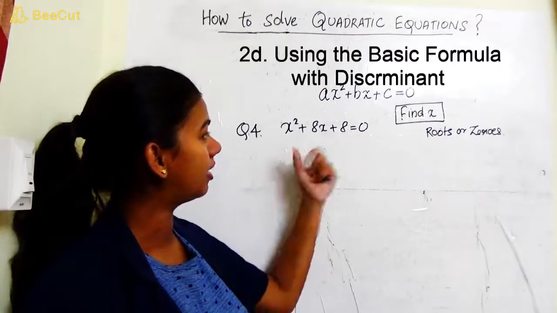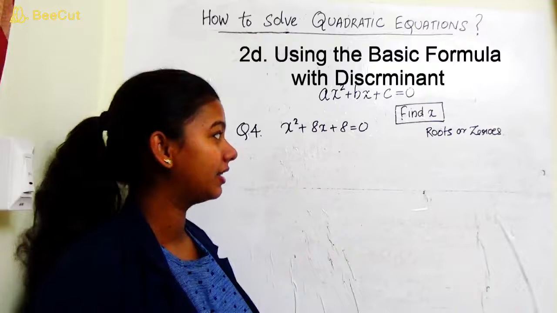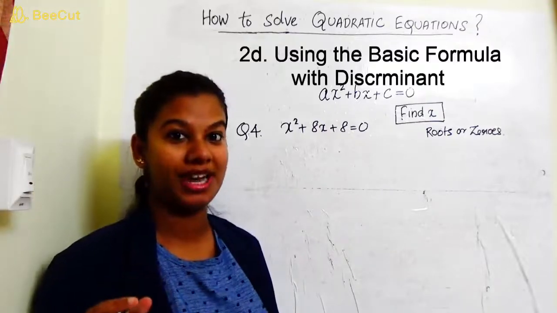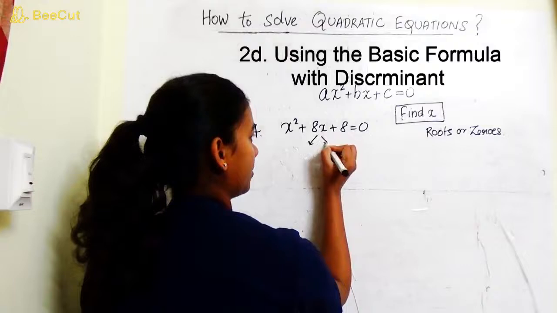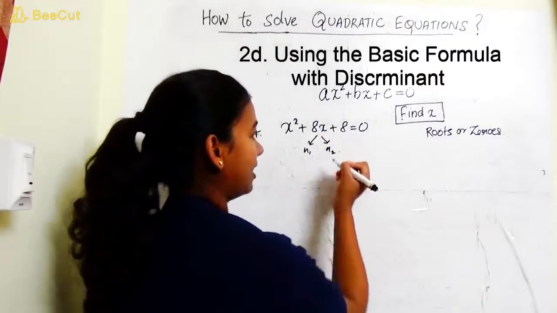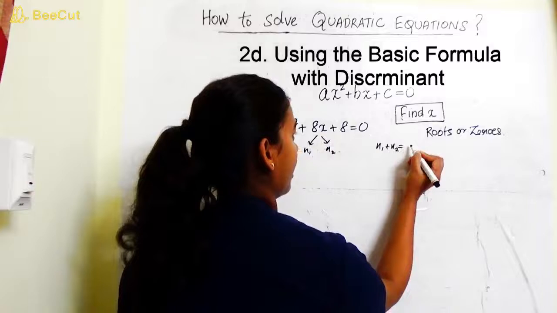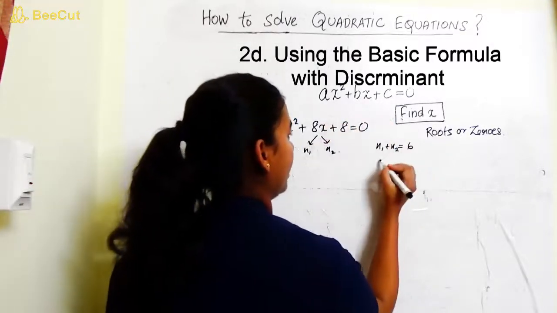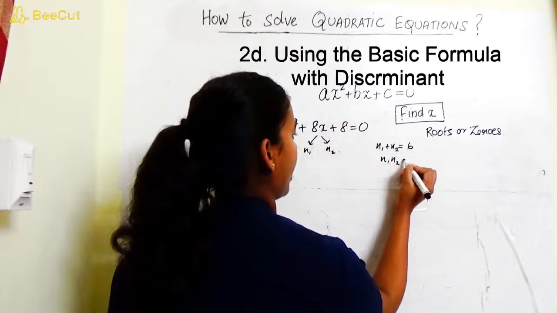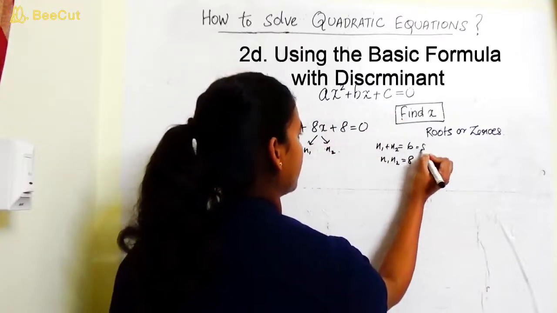Suppose if we try the factorization method, that is I told you there are certain formulas, that is n1 and n2. We are going to split this into n1 and n2 in such a way that n1 plus n2 equals b, that is 8, and n1 into n2 equals a into c. In this case it is 8.